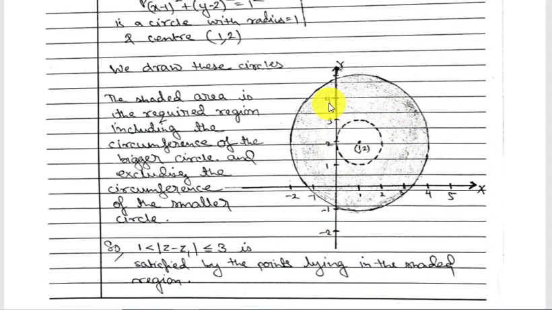So those points will lie between these two circles. So the shaded area is the required region, including the circumference of the bigger circle and excluding the circumference of the smaller circle. So this relation is satisfied by the points lying in the shaded region.